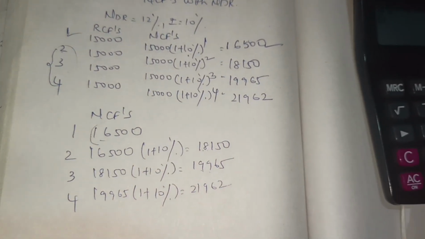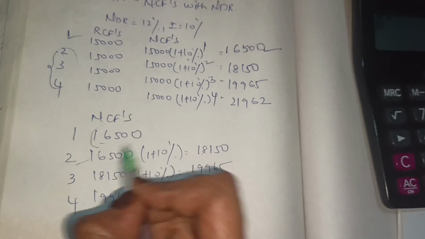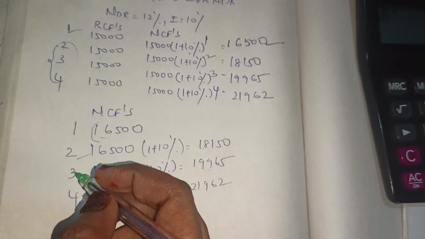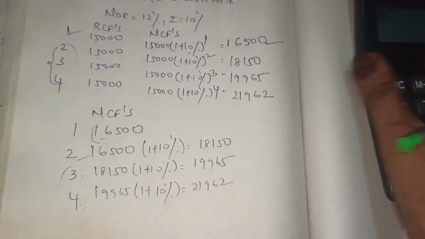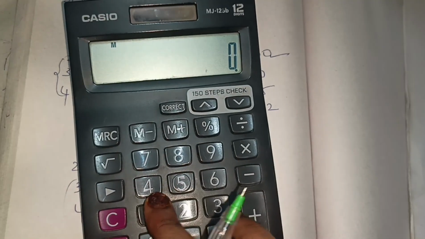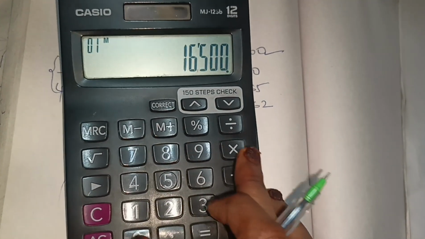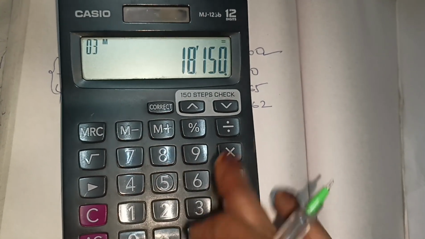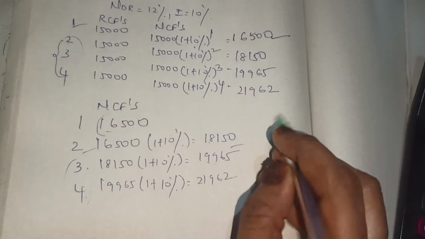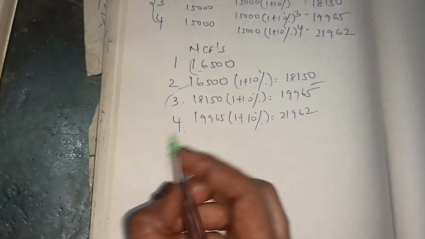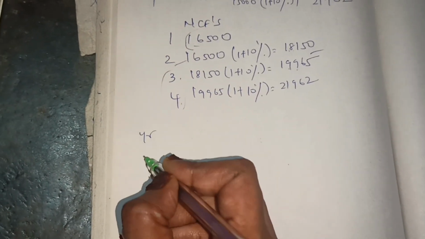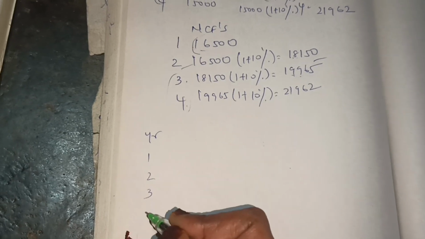21,962. Let me show you the calculation for second year. Third and fourth year, please try to do on your own. 16,500 into 1.1, 18,150. Now, how many years do we have? We have 4 years.